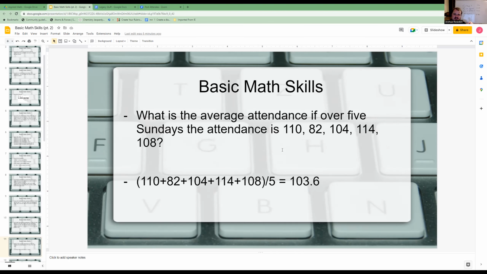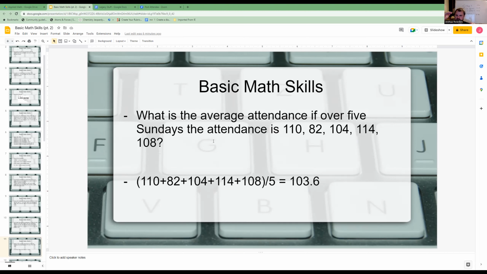So now look at this. Let's say what's the average attendance if over 5 Sundays, the attendance was 110, and then 82, and then 104, 114, and 108. If that's your average over 5 Sundays, how many can you expect on a normal Sunday?